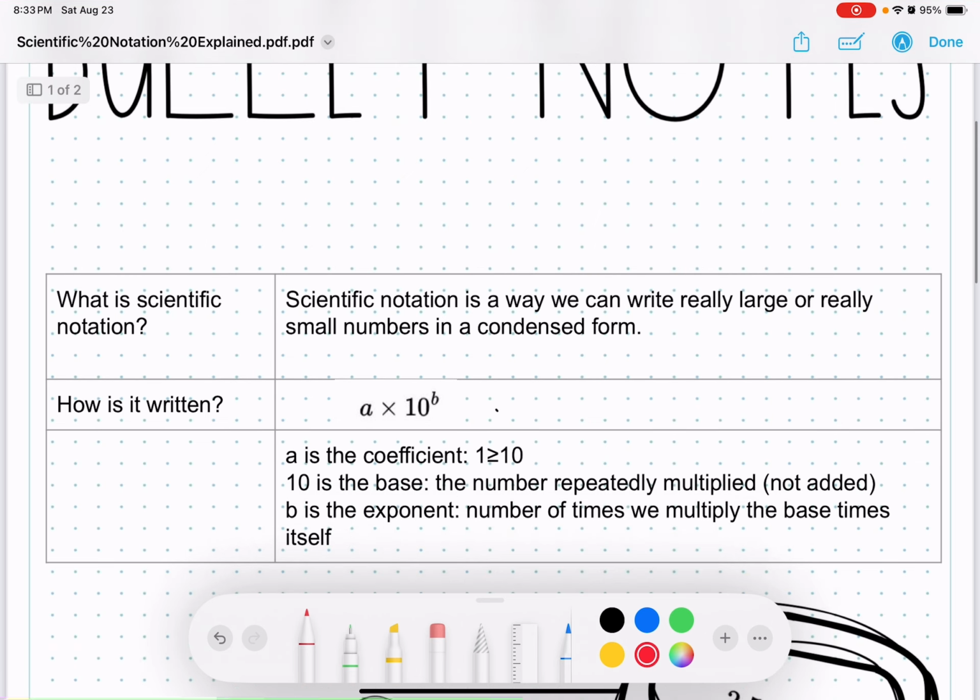And we write it with A times 10 to the B, where A is our coefficient. So our coefficient is a number that's greater than or equal to 1, but always less than 10. The next thing we have is our base. Our base is always base 10.